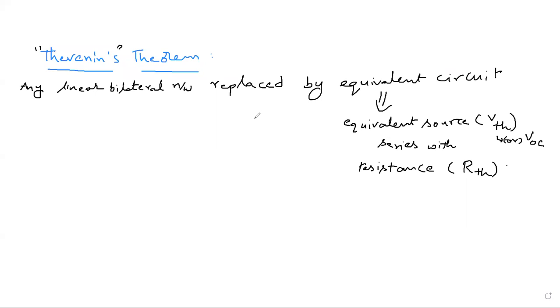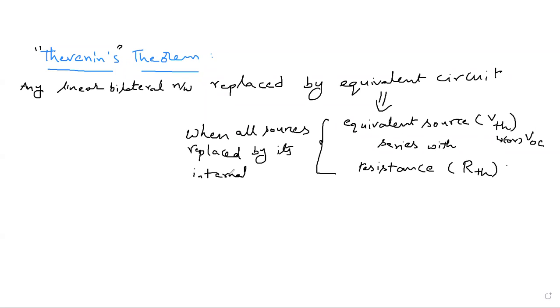Continue ma. Where VTH is the open circuited voltage measured between the load terminals, and RTH is the Thevenin's equivalent resistance measured across the load terminals when all the sources are replaced by their internal resistances or impedances.